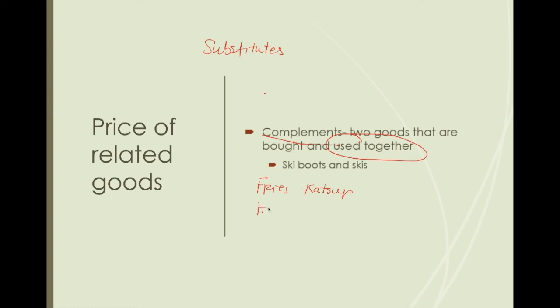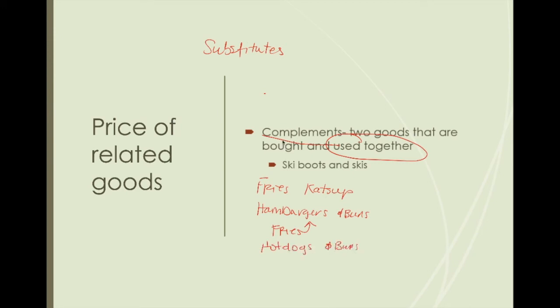You also have hamburgers and buns. I mean, if you're going to buy hamburger patties or hamburger meat, you need to buy buns, right? Fries go with hamburgers. You have also hot dogs and buns.